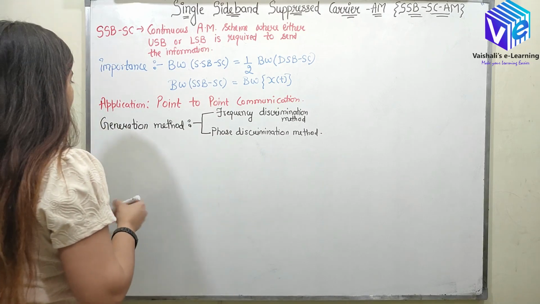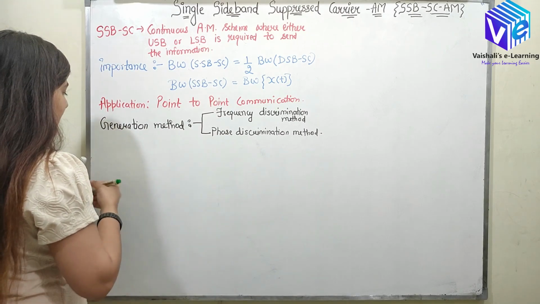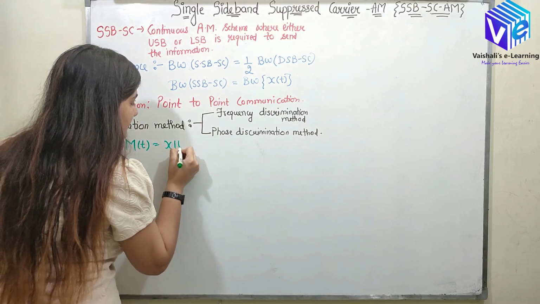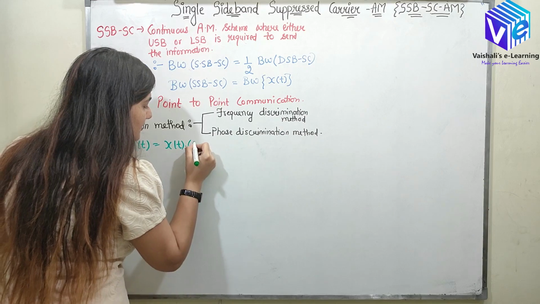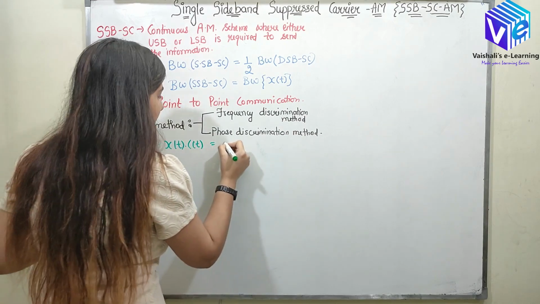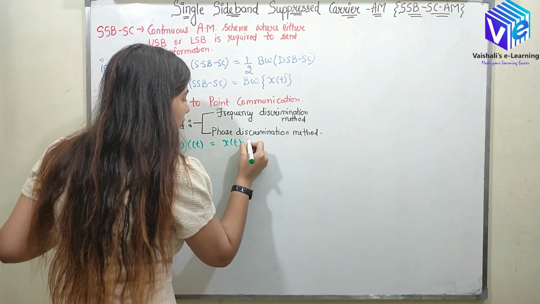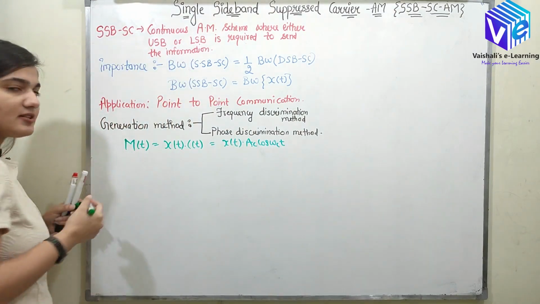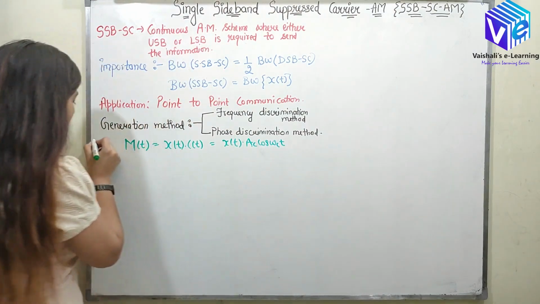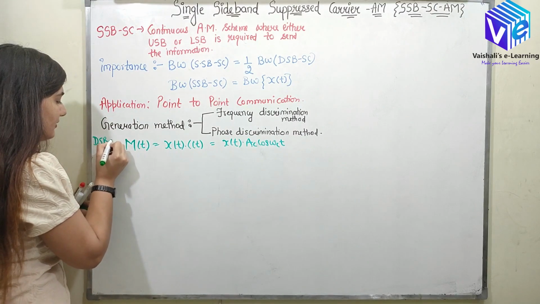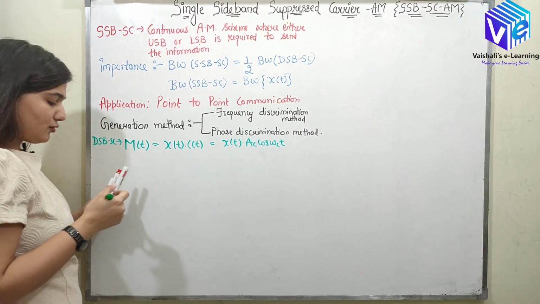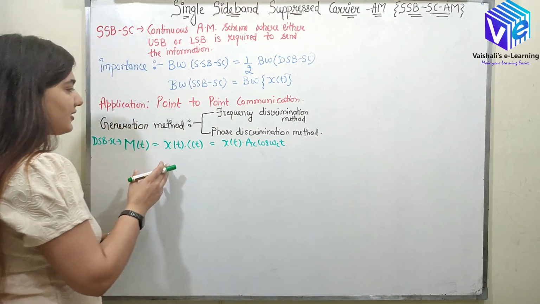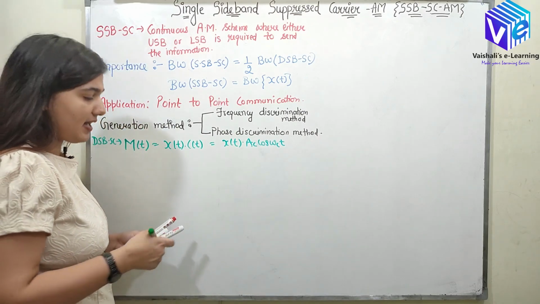So the modulated signal was given by x(t) into c(t), or I can write it as x(t) into Ac cos omega c t. So this is my modulated signal in the case of double sideband suppressed carrier. Now from the double sideband suppressed carrier itself, I'll generate the single sideband suppressed carrier.